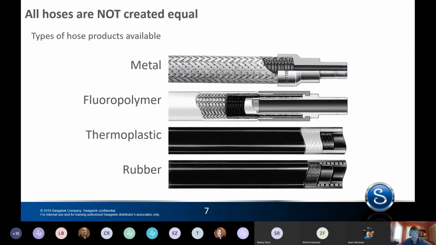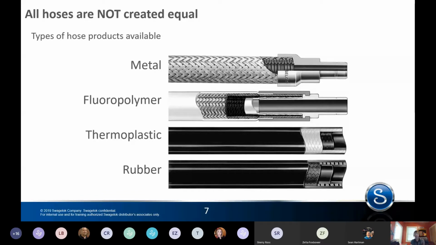So that was only one example. There's basically, in this case, 4 different types of hoses that we're going to talk about. The one we showed on the previous page was the second one on the list, fluoropolymer or PTFE or Teflon. The top one on this list is a metal hose.